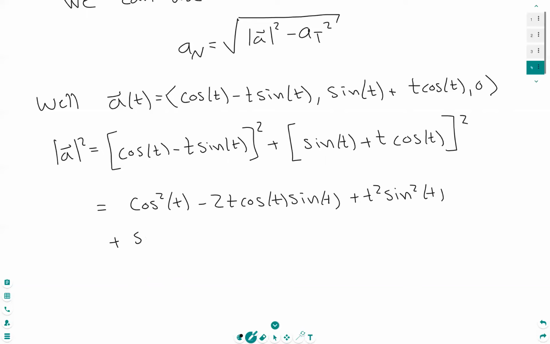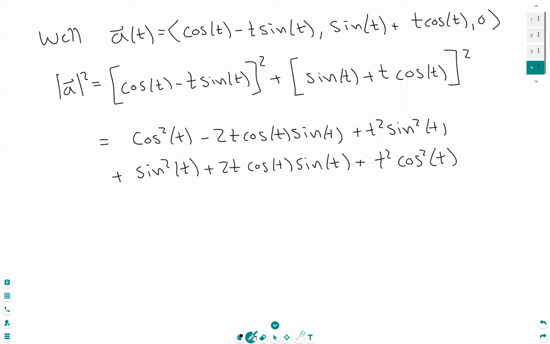It's plus sine squared of t plus 2t cosine of t sine of t plus a t squared cosine squared t. So those cross terms end up canceling, and then we have a cosine squared plus a sine squared, and a t squared sine squared plus a t squared cosine squared. So that just leaves us with a t squared plus 1.